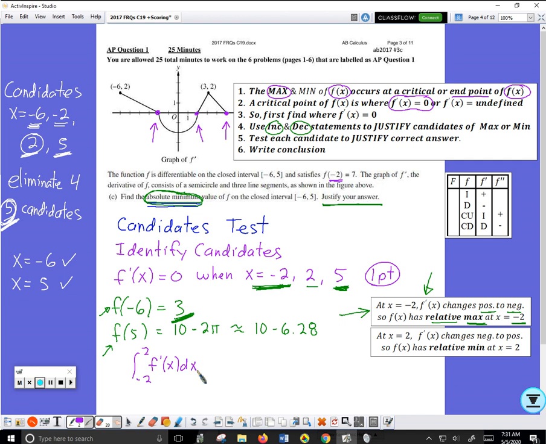And that's going to equal f of 2 subtract f of negative 2. Therefore, f of 2, rearranging, must equal f of negative 2 plus the integral from negative 2 to 2 of f prime.